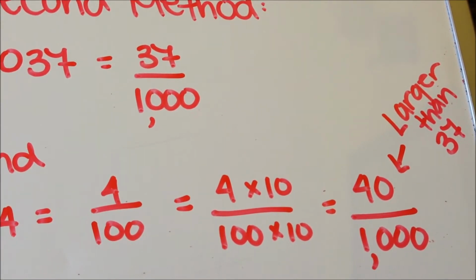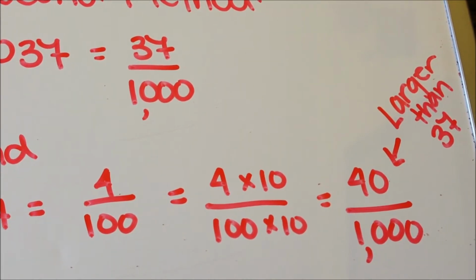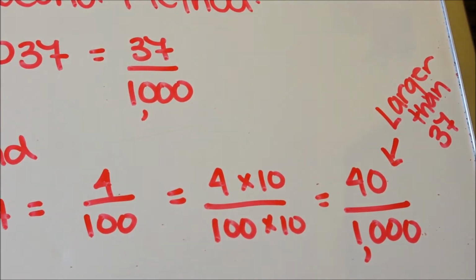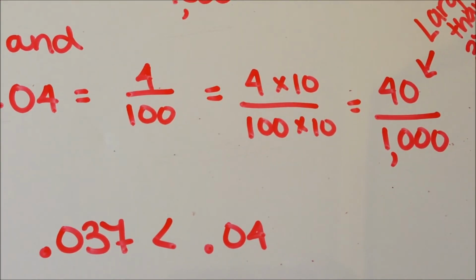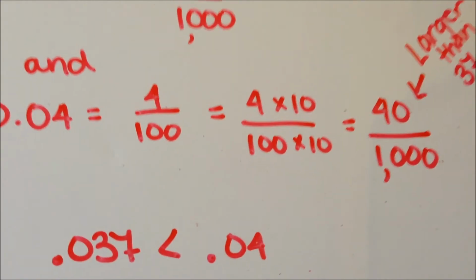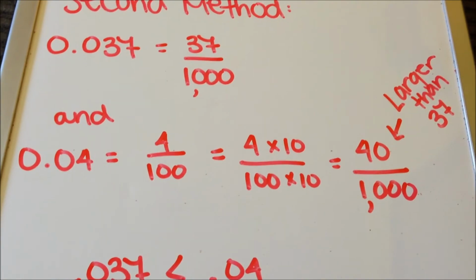Therefore, both fractions have a denominator of 1,000. You can clearly tell that the number 40 is larger than the number 37. So, 0.037 is less than 0.04. In other words, 37 thousandths is less than 40 thousandths.